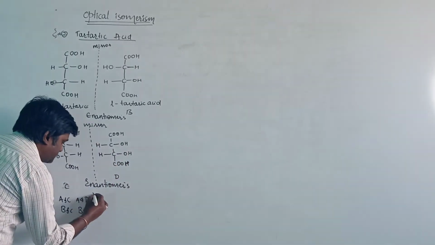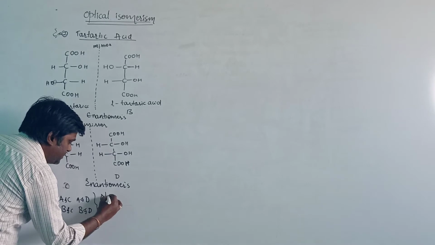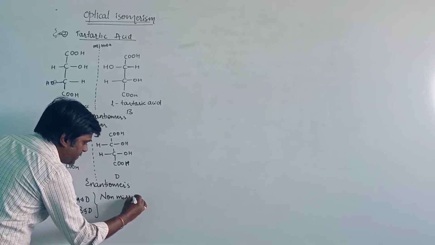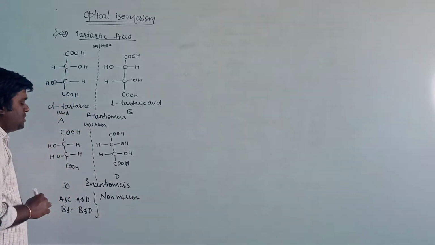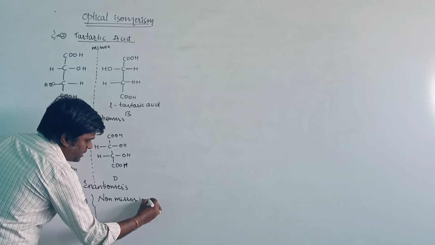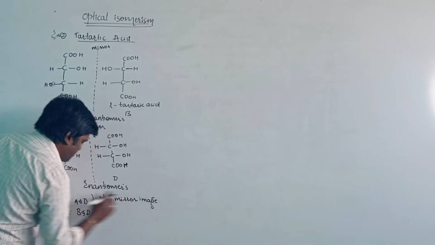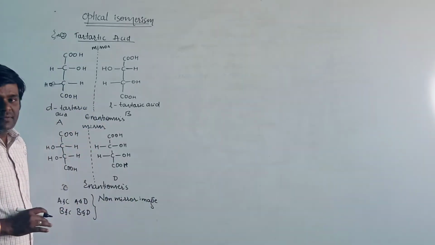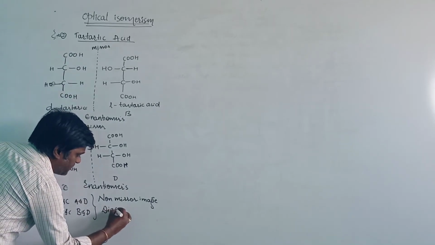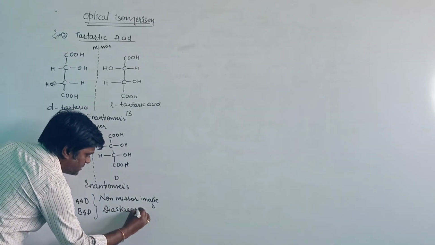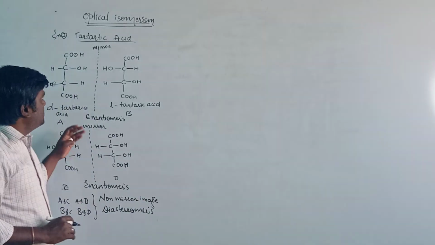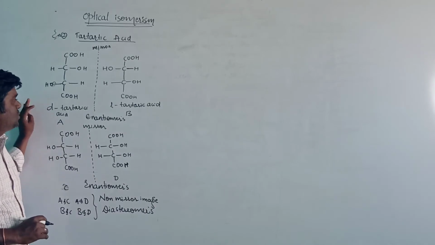These are stereomers which show non-mirror images, and no mirror image can be seen in these compounds. Such compounds are known as diastereomers. This is about optical isomerism.